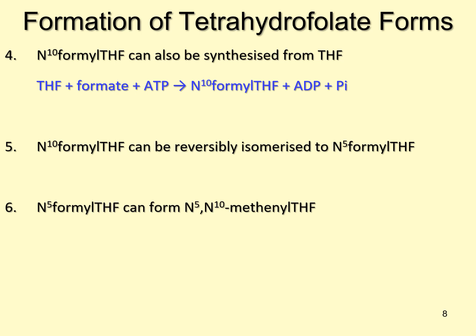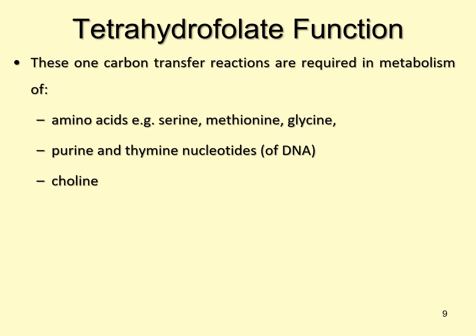N10-formyl tetrahydrofolate can be reversibly isomerized to N5-formyl tetrahydrofolate, and the N5-formyl tetrahydrofolate can form N5-N10 methenyl tetrahydrofolate. These tetrahydrofolates have different functions, and these one carbon transfer reactions are required in the metabolism of amino acids, especially serine, methionine, and glycine, purines, and the thymine nucleotides of DNA, as well as choline.